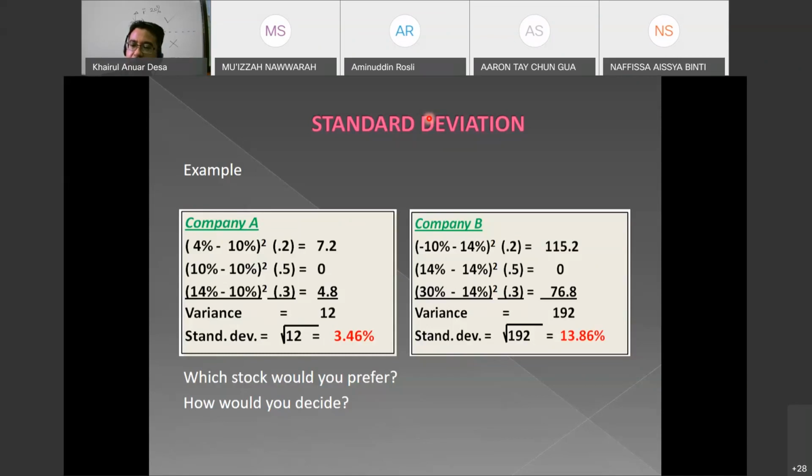How do you know company B have high return? Standard deviation is higher. Yes. All right. So Aaron, more for company B because the expected return, sorry, because of the return is higher compared to the company A.